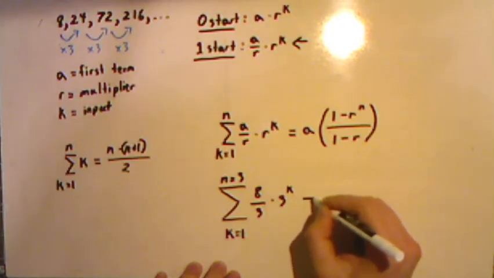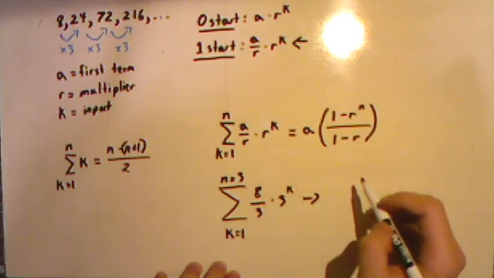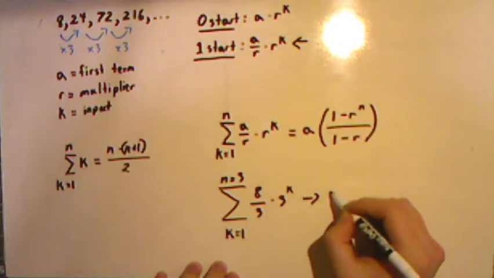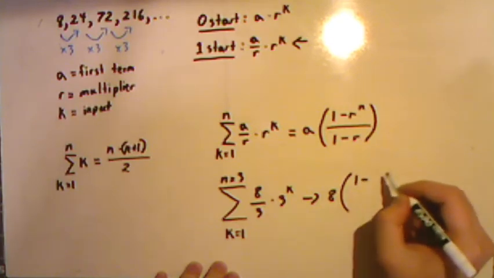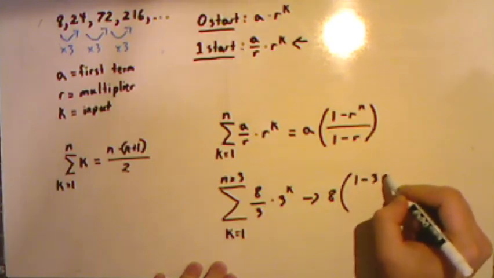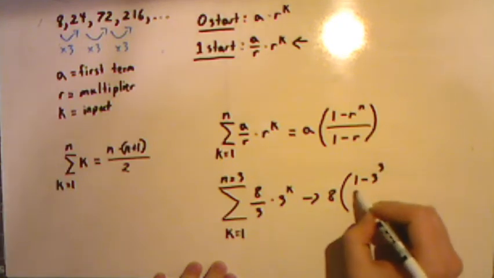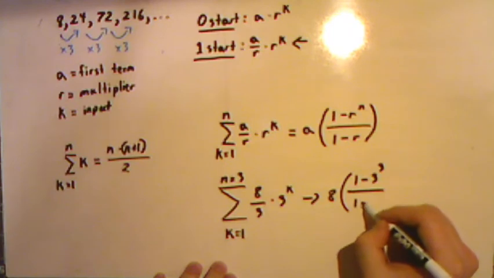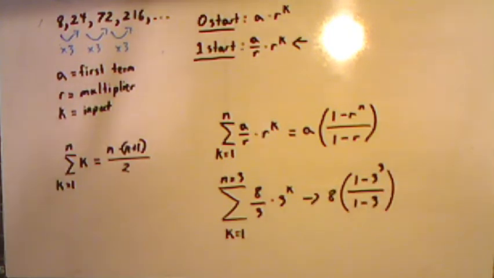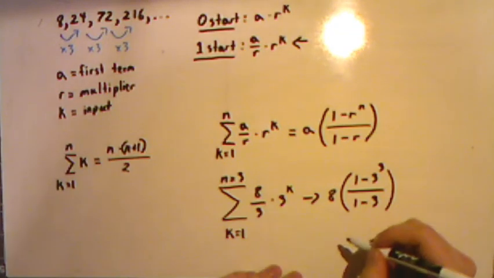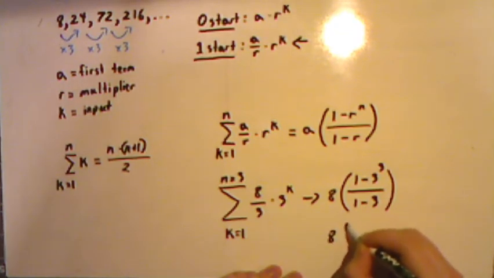And now we just need to turn it into this above formula here, where we take our first term 8, we multiply it by 1 minus 3 to the n, which is the third power, over 1 minus 3. If we begin to do our simplification, we're going to leave our 8.